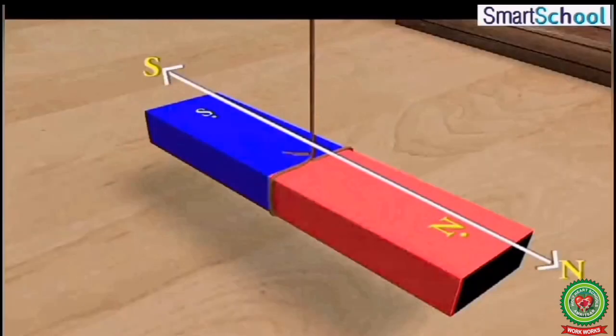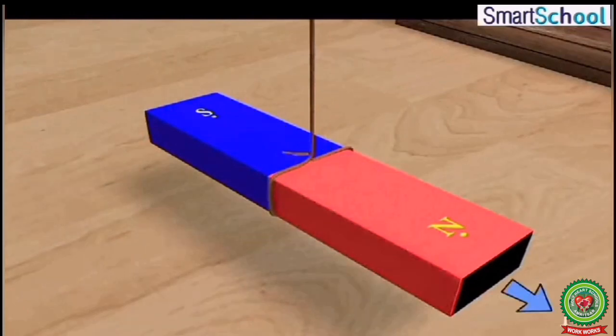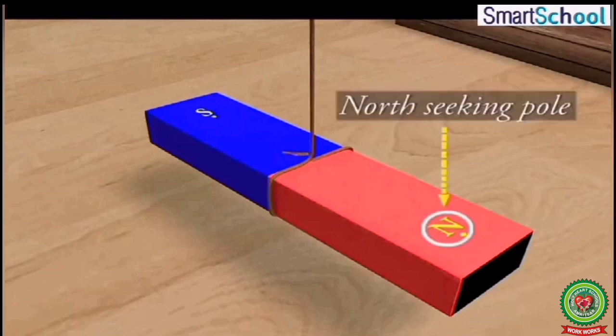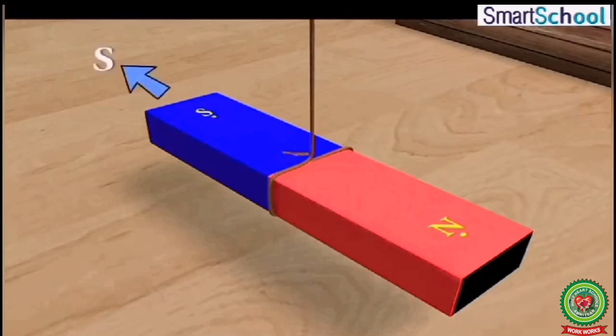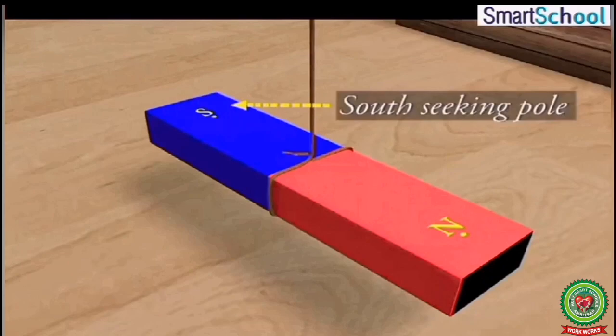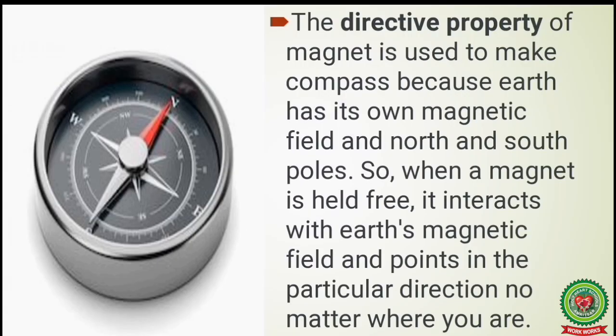The end of the magnet that points towards north direction is called north-seeking pole. And the end of the magnet that points towards south direction is called south-seeking pole. Students, this property that we have just discussed is used for making a compass.